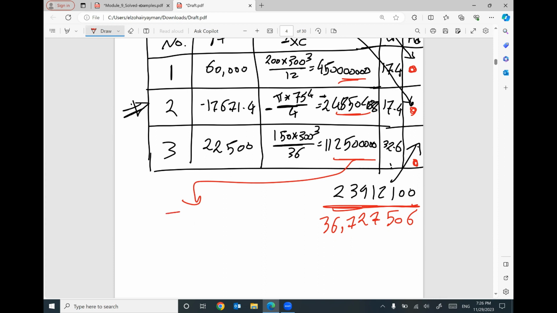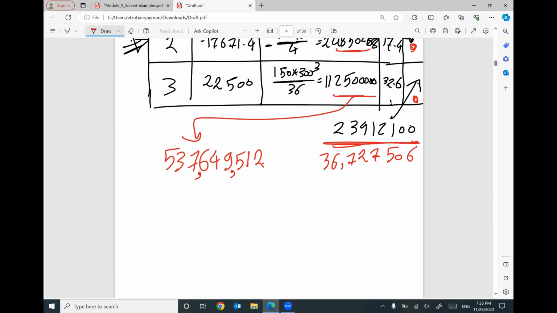This value will be 537,649,512. The final value for Ix will be this term plus this term, plus 36,727,506.